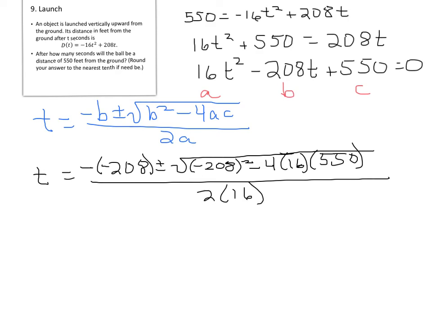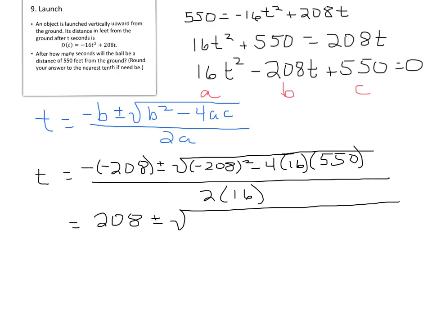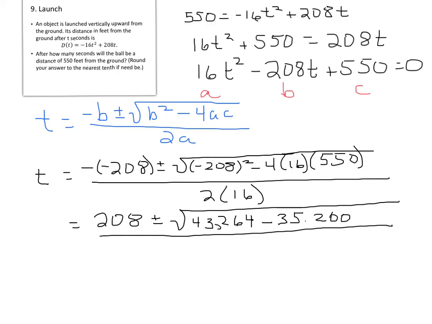So let's go ahead and calculate these numbers. Negative of negative 208 is positive 208, plus or minus the square root of negative 208 squared, which is 43,264, minus 35,200. All of that over 2 times 16, which is 32.